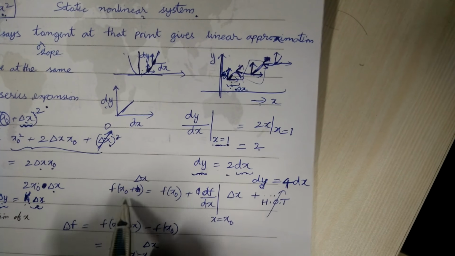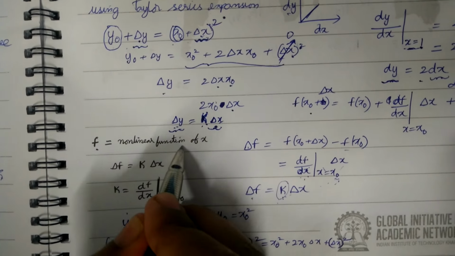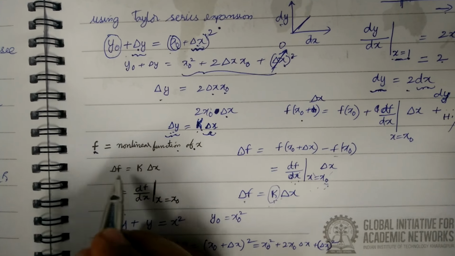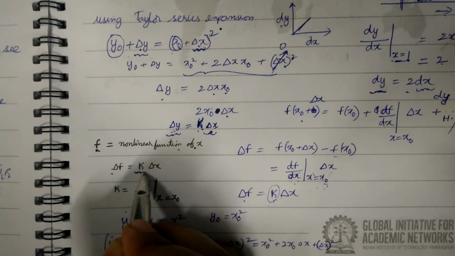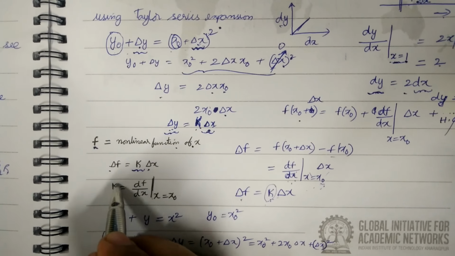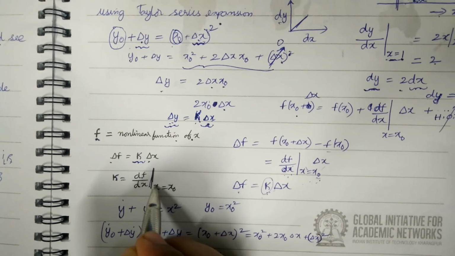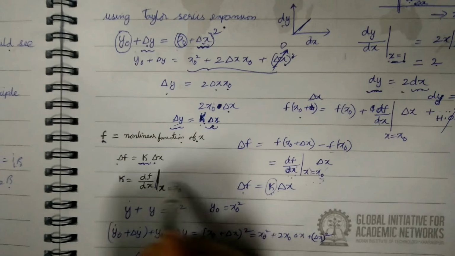Suppose you have a general function f, which is a non-linear function of x. So the linear approximation of f is delta f = k times delta x. To find this k, df/dx at that particular operating point will give the linear approximation around that operating point.